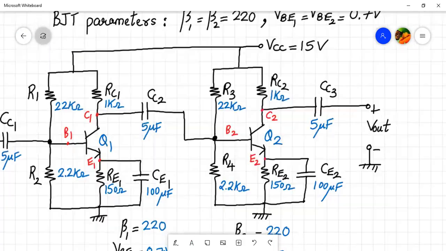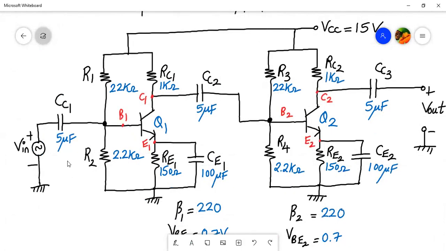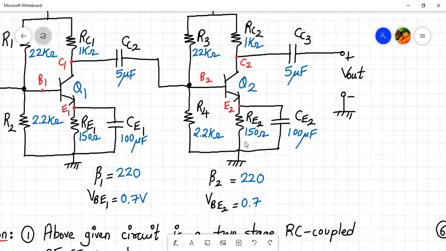From the base terminal, we have R1 and R2 in parallel, and then we have Vin connected. The emitter terminal is grounded because capacitor CE1 is shorted. Emitter 2 is also grounded because CE2 is also connected to the ground. So let's do this connection.